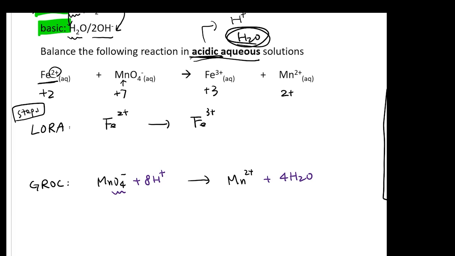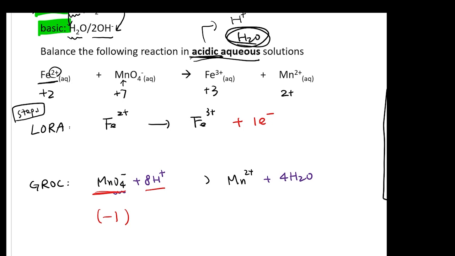So that's step number 2. Step number 3, you want to balance the charge of your LEO and GER. For your LEO, on the left is 2+, on the right is 3+. Then you need to add in 1 electron, so that both sides will be 2+. For the GER, let's look at the total charges you have. MnO4-, for this species, overall, carries a -1 charge.